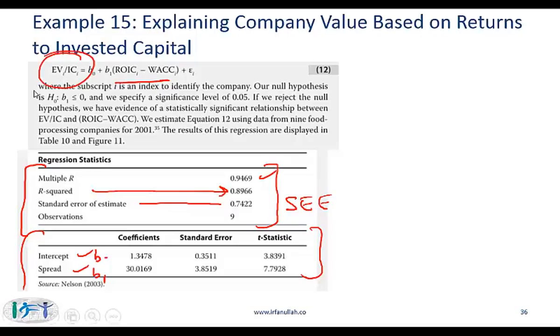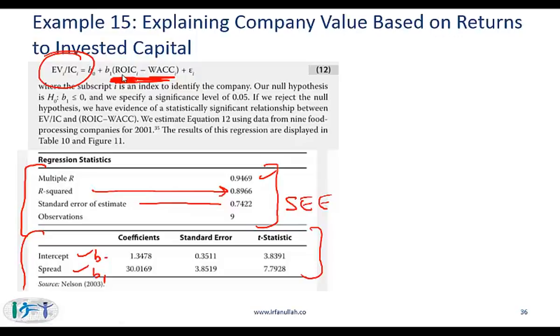A researcher believes there is a relationship between enterprise value over invested capital and the difference between return on invested capital and weighted average cost of capital. This is called the spread. Is it good that the return on invested capital is much more than WACC? Yes, so somebody believes that if that spread is high, then enterprise value will be high relative to the invested amount. That's the economic theory.